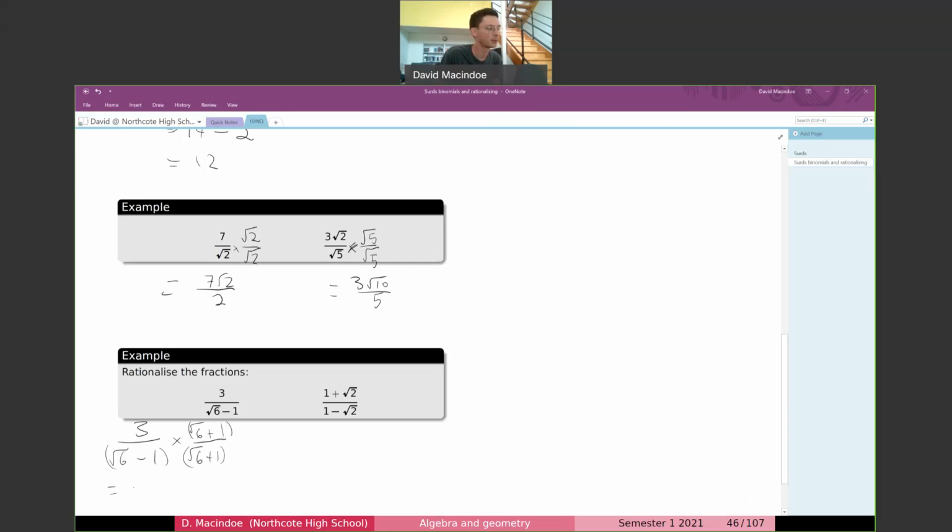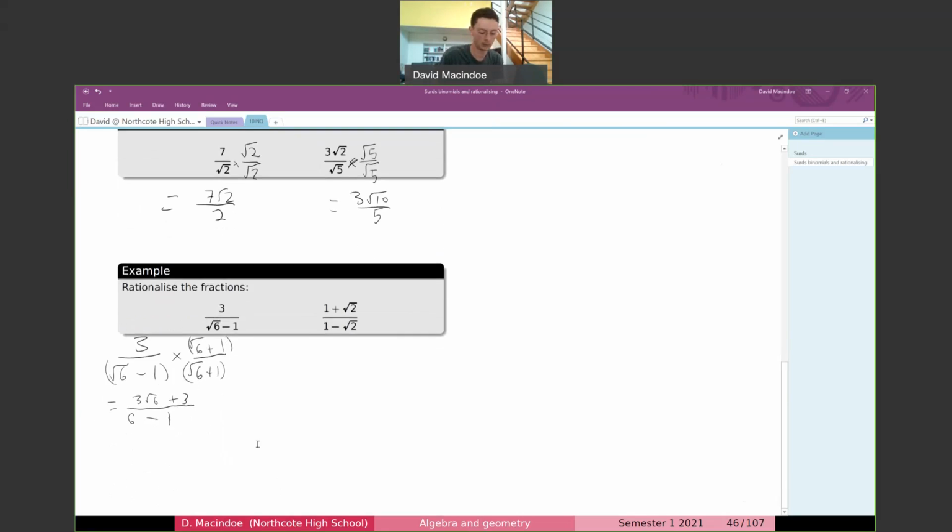So 3 times root 6 is 3 root 6. And 3 times 1 is 3. And then on the bottom, you've got a difference of two squares. So you square the first thing, you get 6, and then take away the square of the last thing. And 1 squared is just 1. So we end up with, on the top, 3 root 6 plus 3 all over 5.